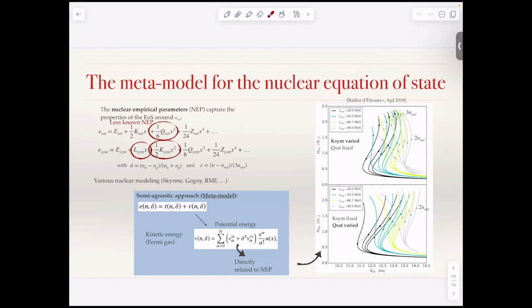So you could take a meta model and represent how it evolves as a function of the density or the isospin asymmetry. Then this is a quantity that you should compare to the microscopic calculations, and you should not make a comparison of the empirical parameters at high order. Okay, so let's move on.